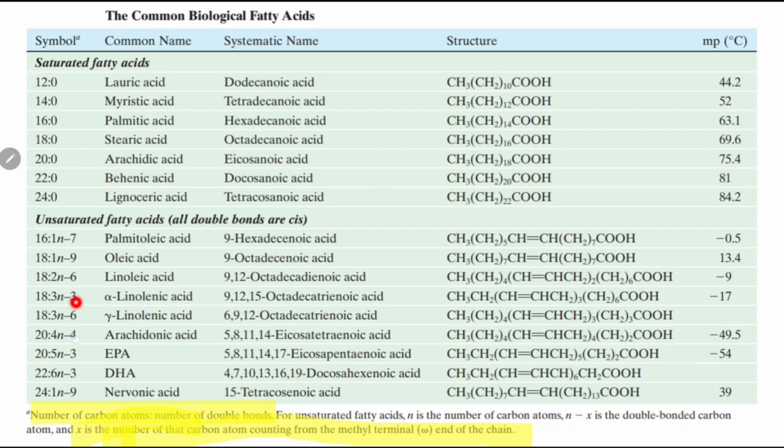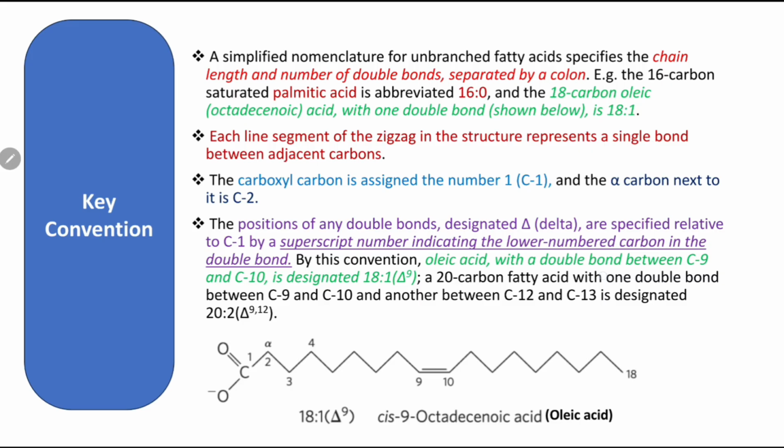18:3 n-3. So n and omega can be considered as equivalent. We'll see later on, right? n-3 means that the double bond is at the third carbon from the terminal carbon, and there are two other double bonds. We'll see that later in the next nomenclature. So convention is that chain length and number of double bonds are separated by a colon, like 16:0.